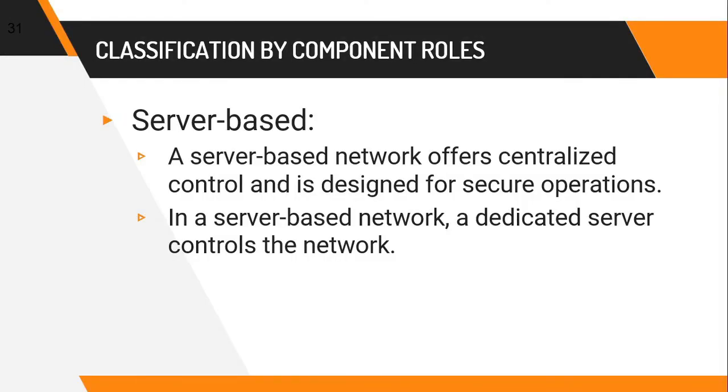Next, we have the server-based network. A server-based network offers centralized control and is designed to secure operations. In a server-based network, a dedicated server controls the network. A dedicated server is one that services the network by storing data, applications, and resources, and also provides access to resources required by the client.